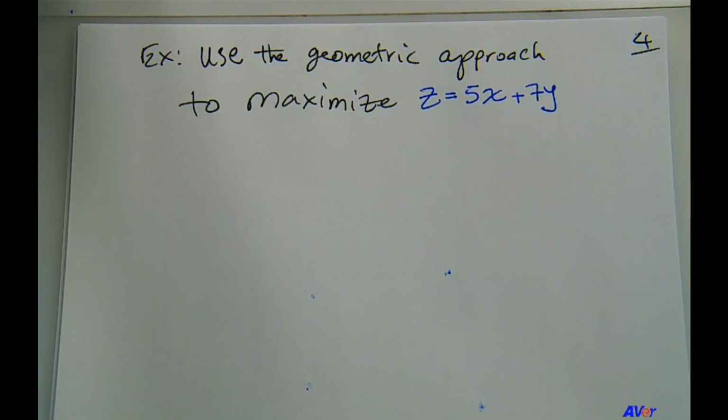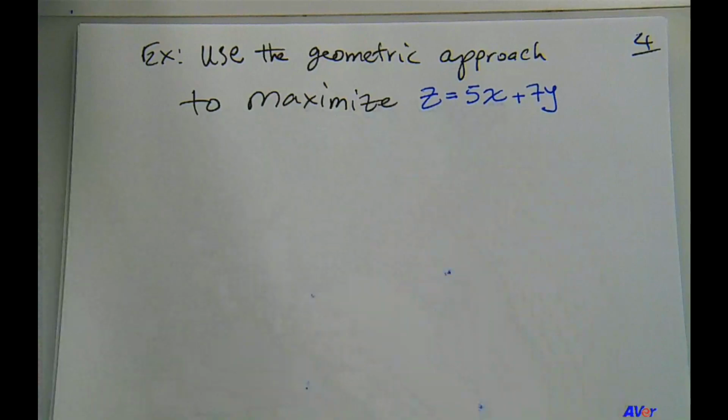That's not always the case. In section 4.3, which is next, coming up, we have word problems that will have us generate all of this, the objective function and the constraint inequalities. But for now, they are provided to us.